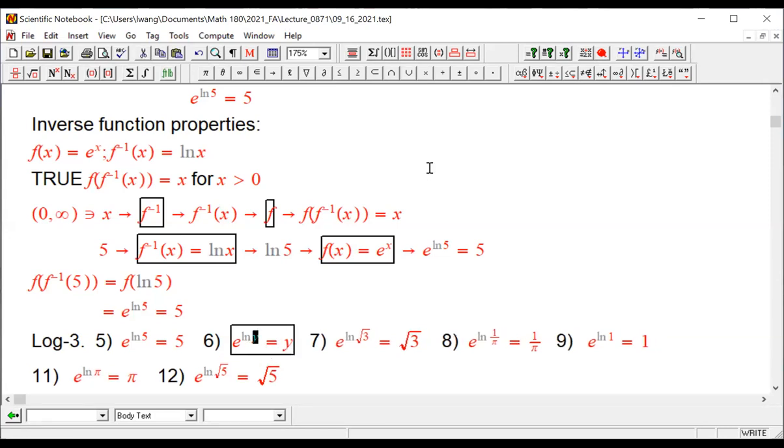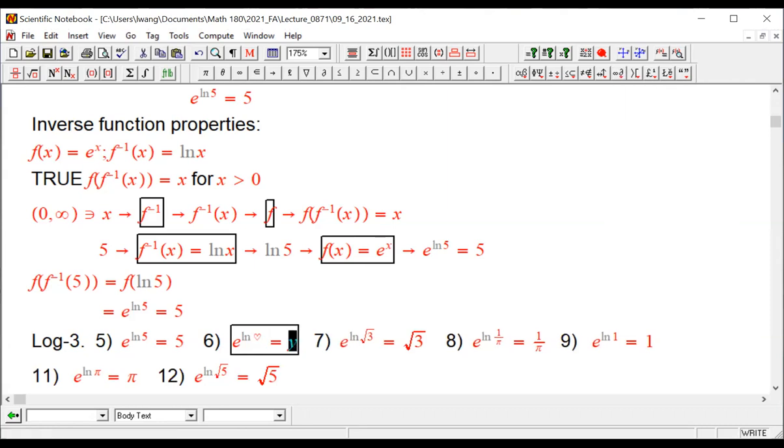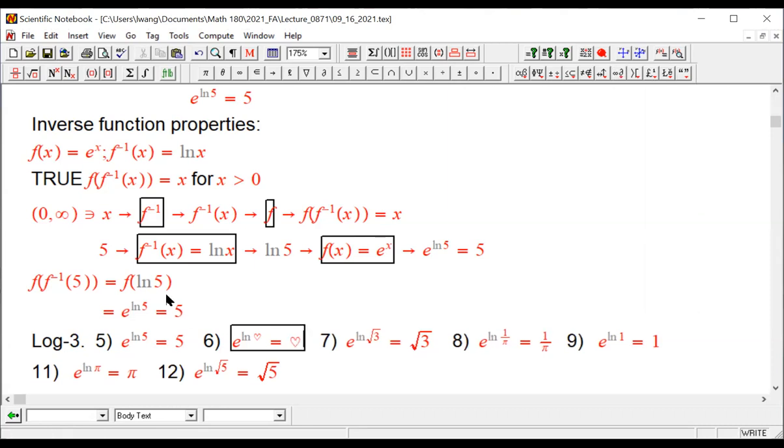Then you say, hey, I don't like y, I want to use heart. Do it. No problem. As long as they're from the domain of the respective function, you're good. So after all, it's just a symbol, isn't it? So this is the form you're going to use exactly, with y substituting the heart.